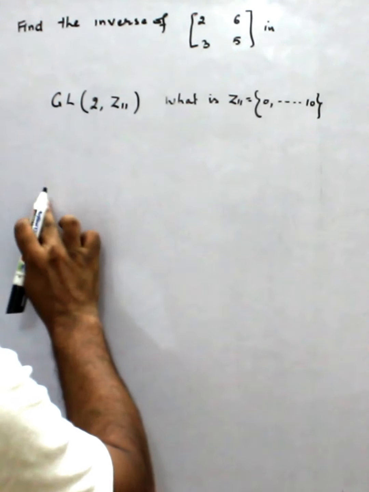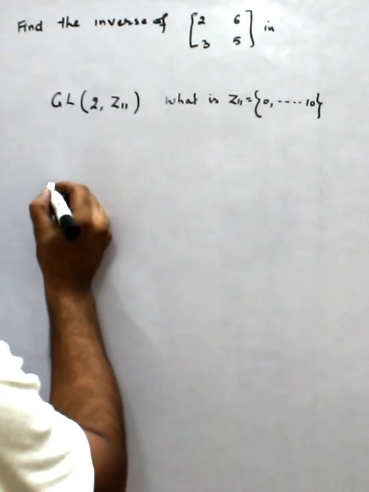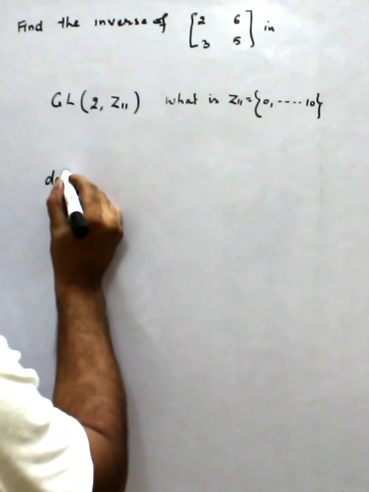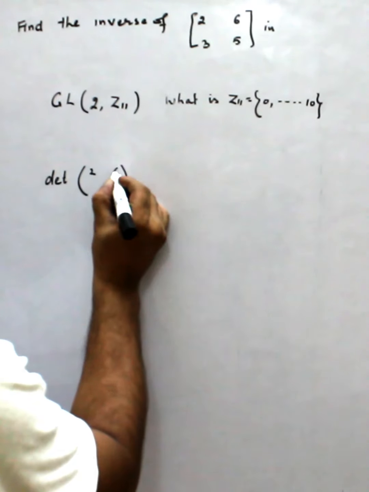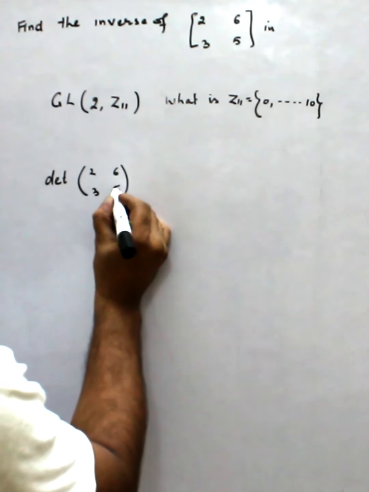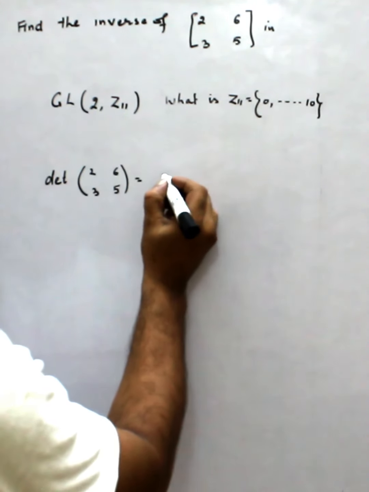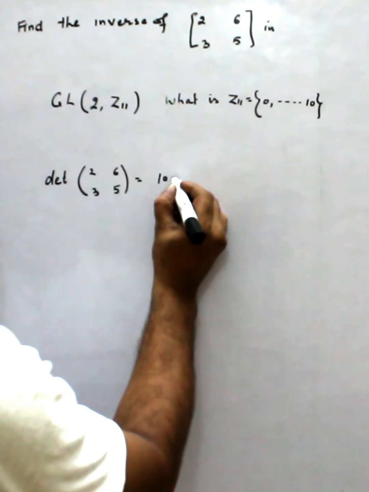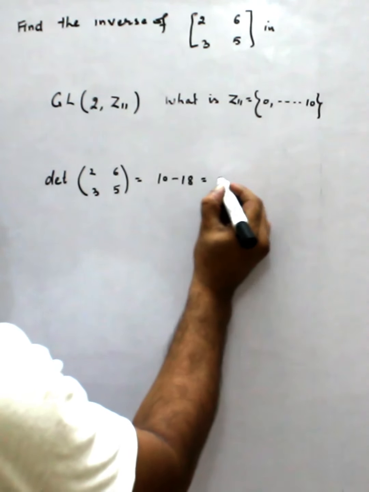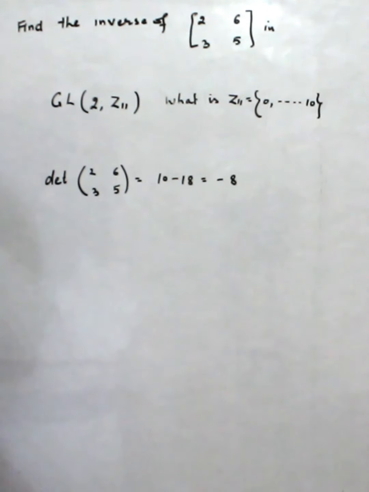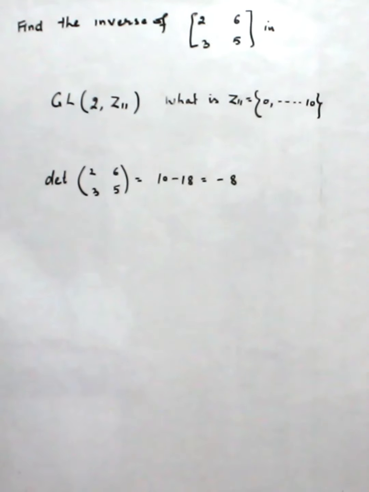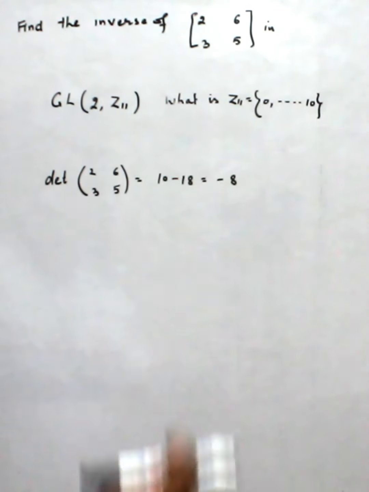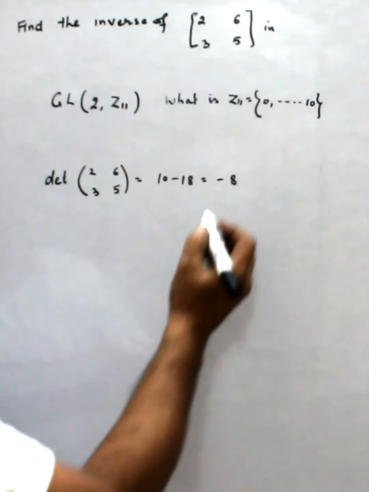Let this matrix be A, then the determinant of this matrix 2, 6, 3, 5 is 10 minus 18, which is equal to minus 8. Now this minus 8 is not in Z11, so using the congruence definition we can bring this number into Z11.